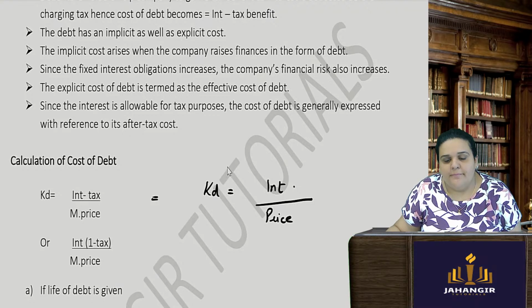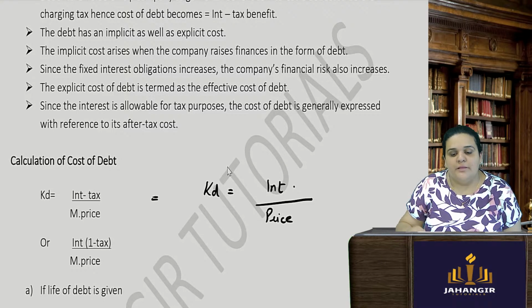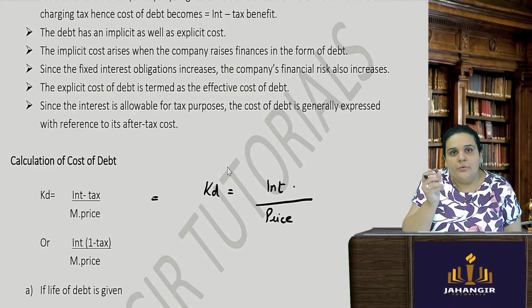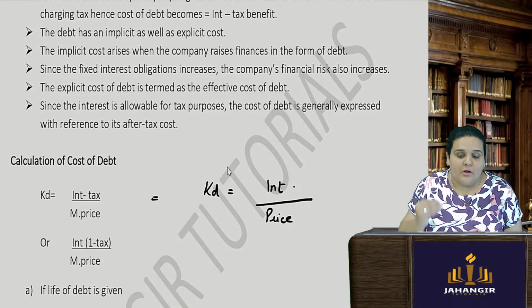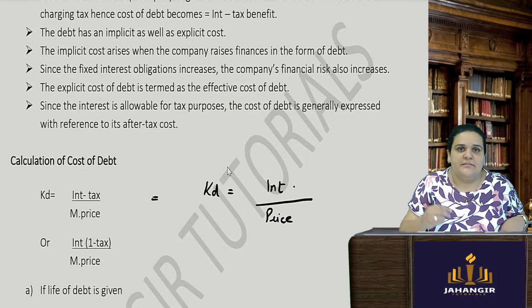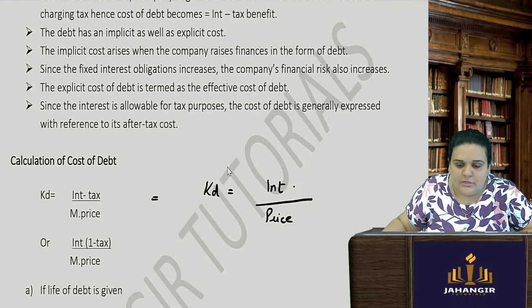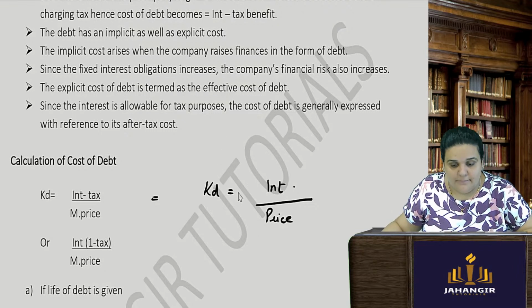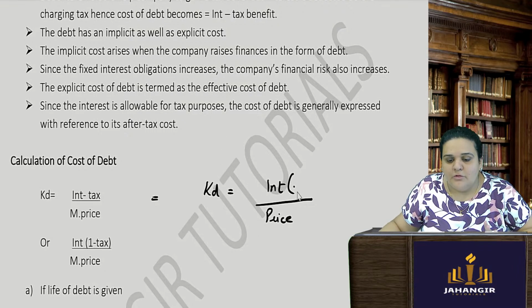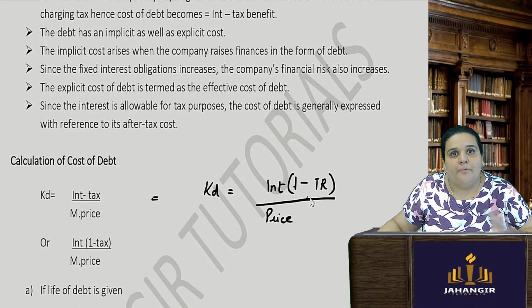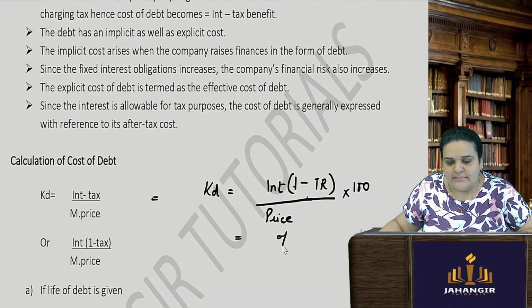But in case of debenture, because we are paying interest, due to that amount, our net profit before tax becomes less. And because of that, a tax benefit is there. The tax amount will reduce. So whenever there is a debenture, there is a tax benefit. So my formula will change here and it will become interest into 1 minus tax rate upon price, into 100, only then it will come in the form of percentage.